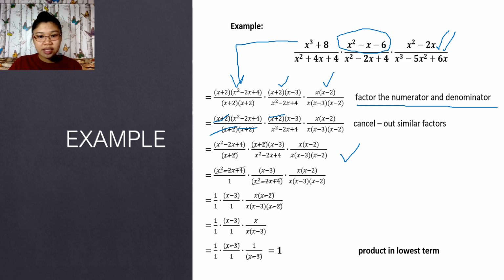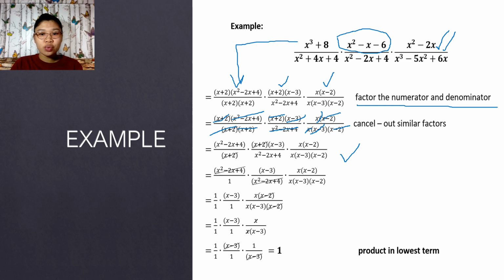And then, as I have said earlier, x squared minus 2x plus 4 was cancelled out. And then we have here x minus 2 and then x minus 2. We have here x minus 3. So as you can see, the details are provided below on the 3rd, 4th, 5th, and 6th line.